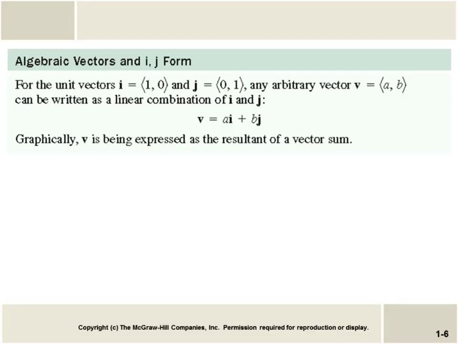All right, so now we have this i, j. I think we went over i and j a little bit last week, didn't we? So if we have an i vector, and we call it (1, 0), and a j vector, we call it (0, 1), then any vector can be written as the vector equal to ai plus bj.